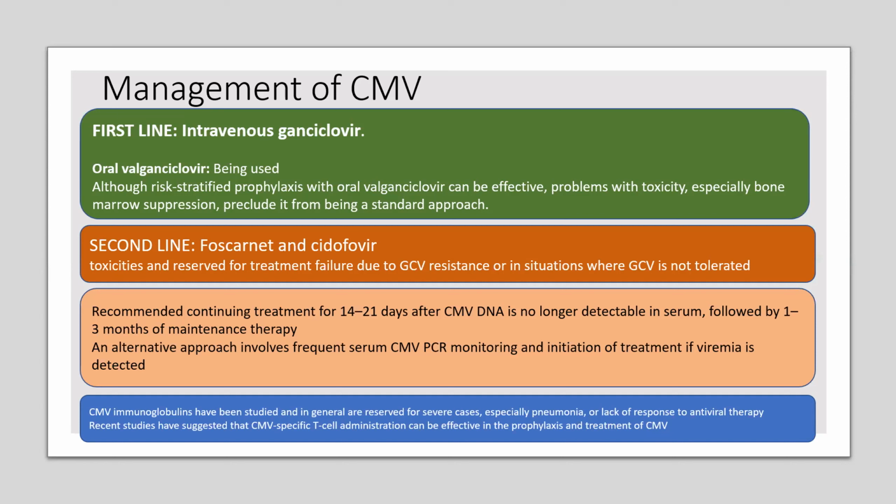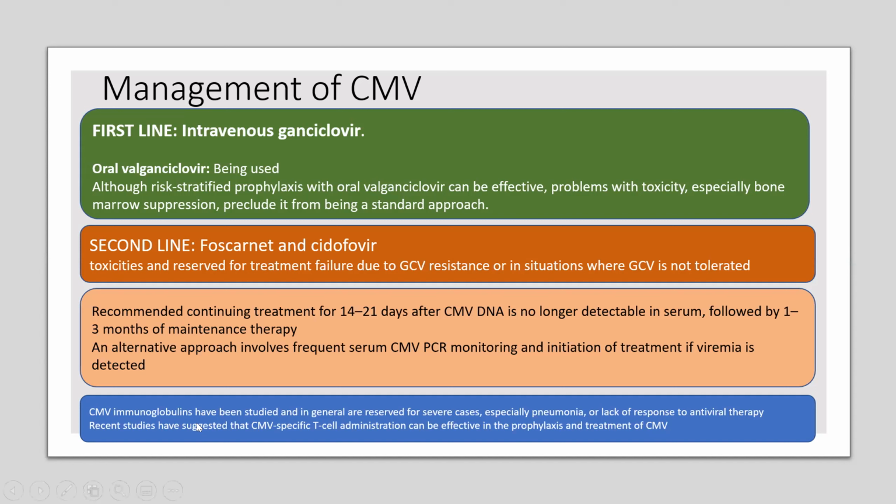Once you've commenced treatment for CMV, it is recommended to monitor the CMV DNA, and once it's no longer detectable, and in our center we use two successive negative PCRs, then we start tapering the dose of the ganciclovir or valganciclovir, depending on what we are using.